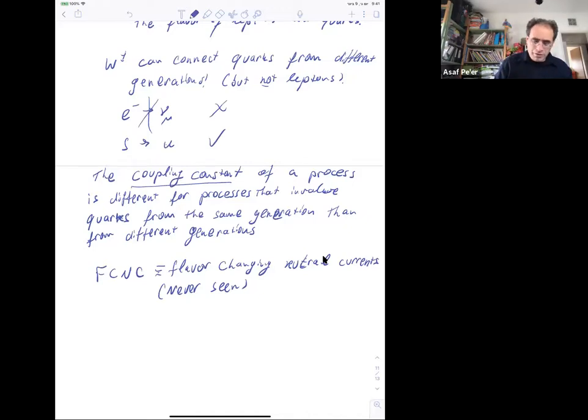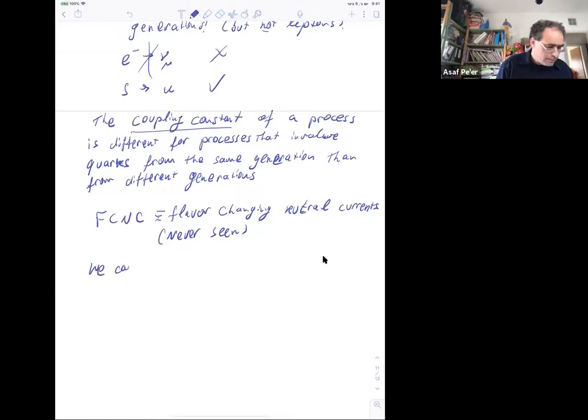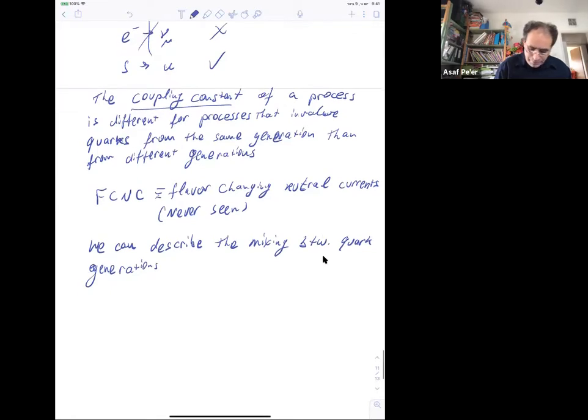So the mixing between the quark generations, we can describe by introducing a linear combination of, let's say, the S and the D quarks.